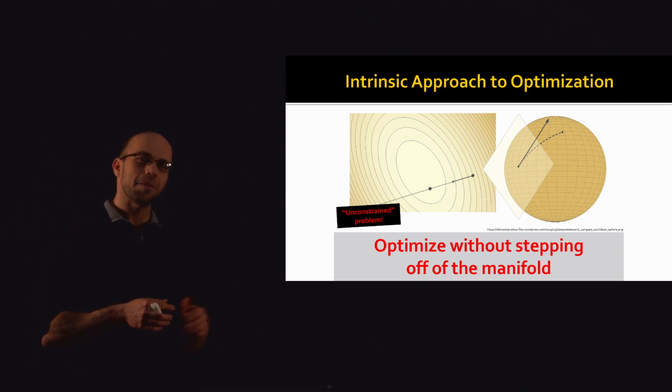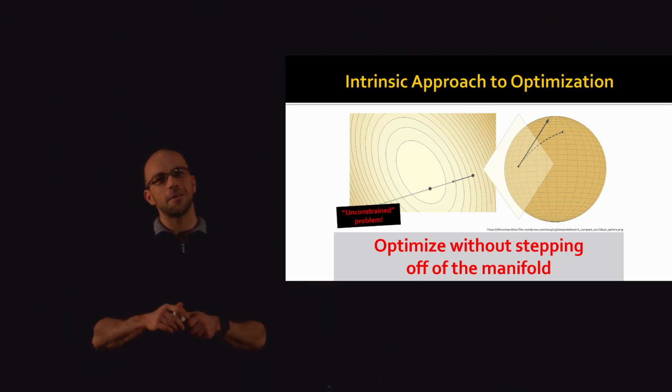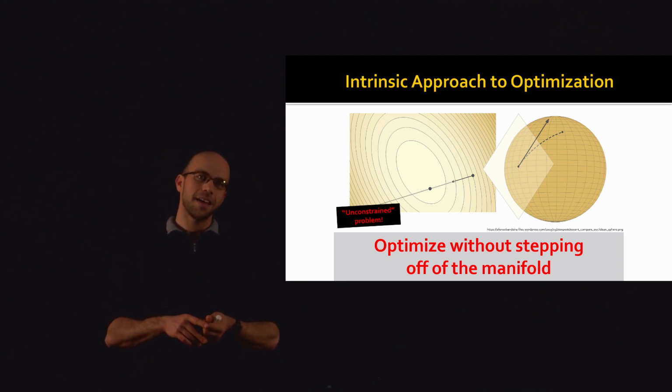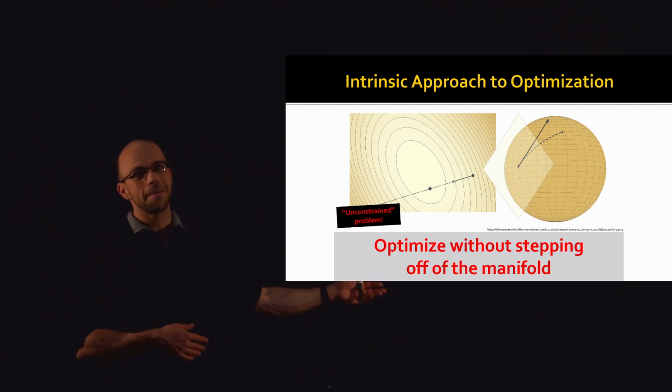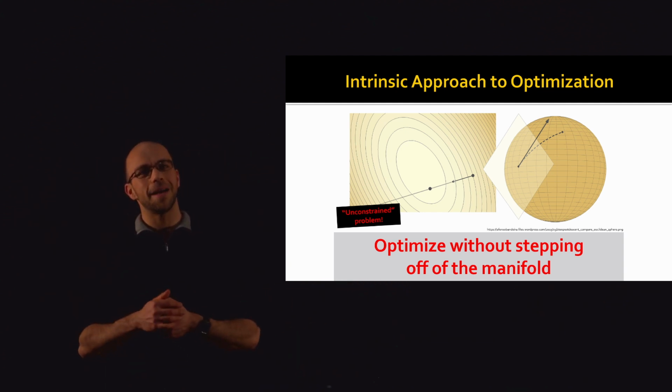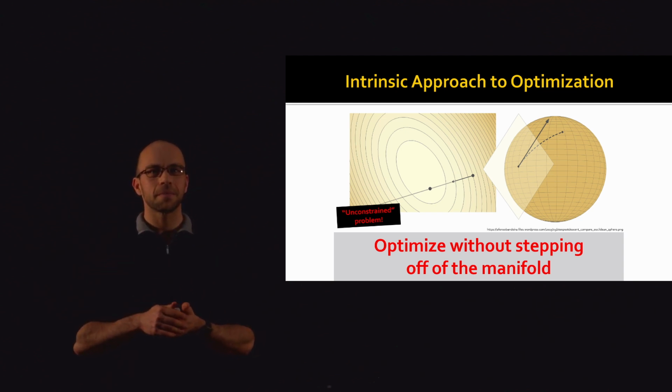Right? So for example, in the picture on the right, if I'm optimizing some function and I have a constraint that my optimal point has to be on the sphere, then rather than taking a gradient step in a straight line, which is shown in solid black here, I might follow a curved path, like a great arc on the sphere, like what's shown on the dotted curve.